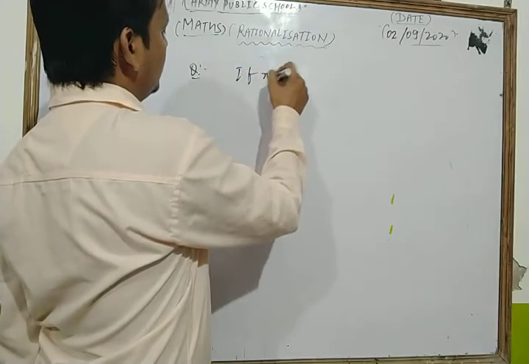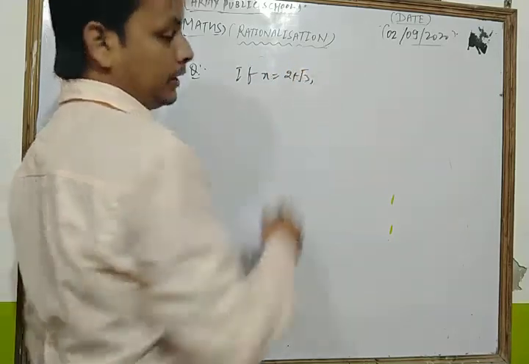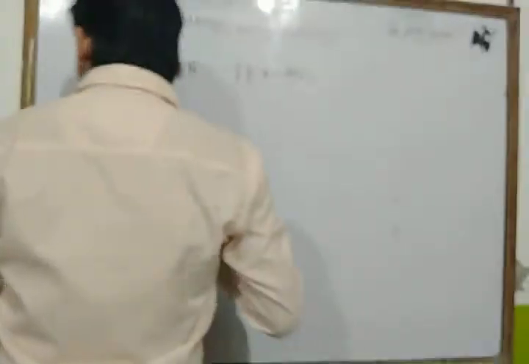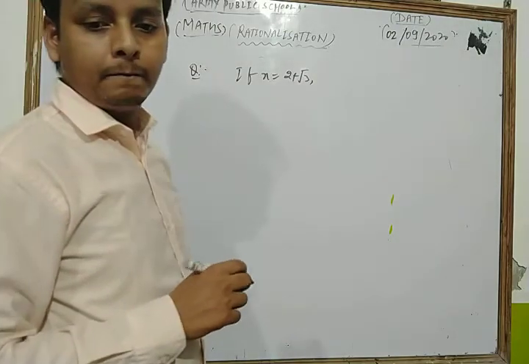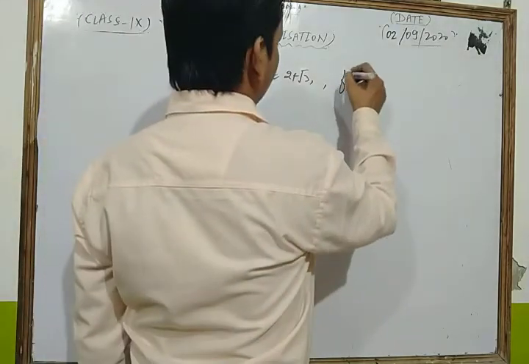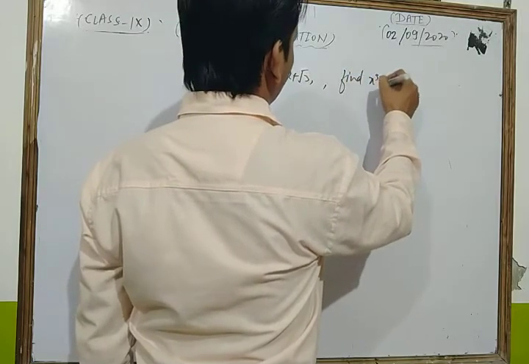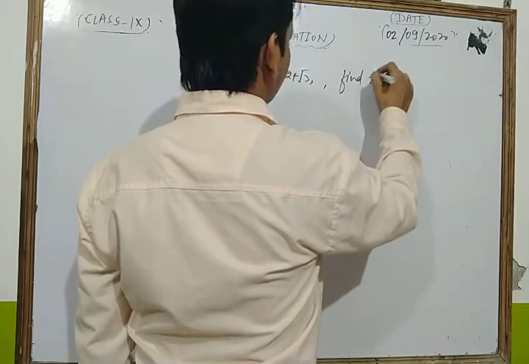The question is: if x is equal to 2 plus root 3, find x cube plus 1 upon x cube.